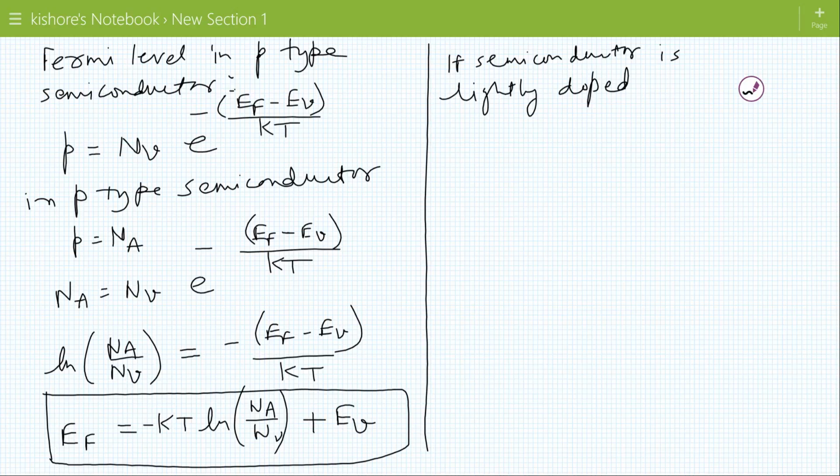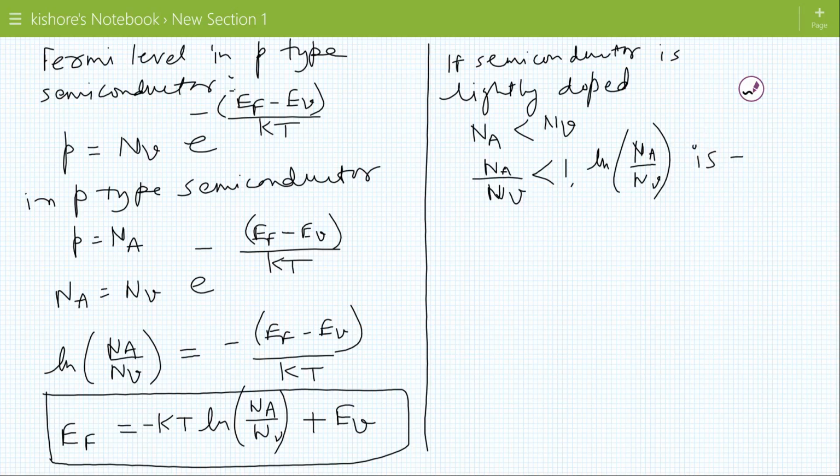Now if the semiconductor is lightly doped, Na is less than Nv, so Na by Nv is less than 1, or the natural log of Na by Nv is negative. So negative in the expression for Ef, minus minus becomes plus. So Ef is now greater than Ev.